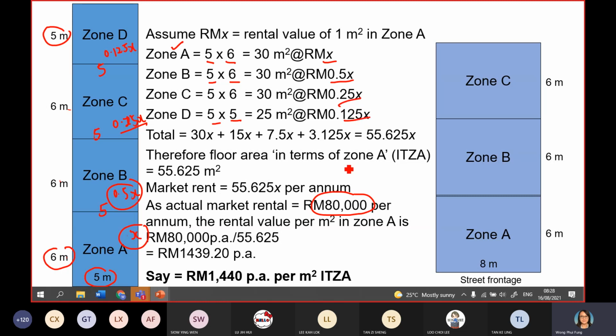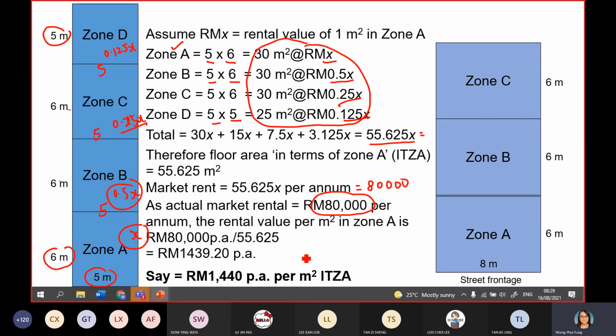So this I already mentioned. Your next task is to sum up everything. When you sum up everything, it is equivalent to 55.625x, which is equivalent to 80,000.